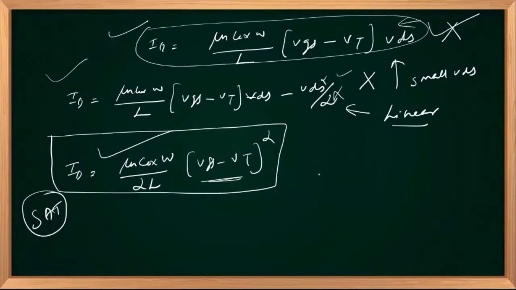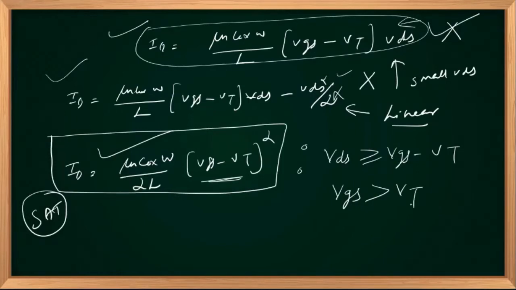And this is valid if and only if the condition for saturation holds: VDS greater than or equal to VGS minus VT. And the transistor should be in on state, so VGS should be greater than VT.